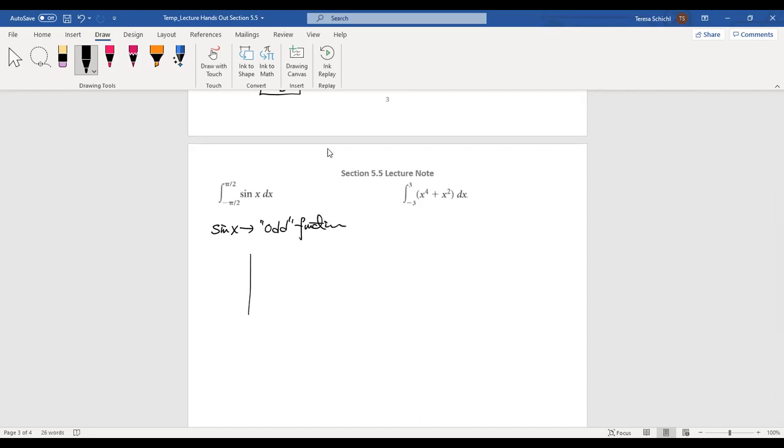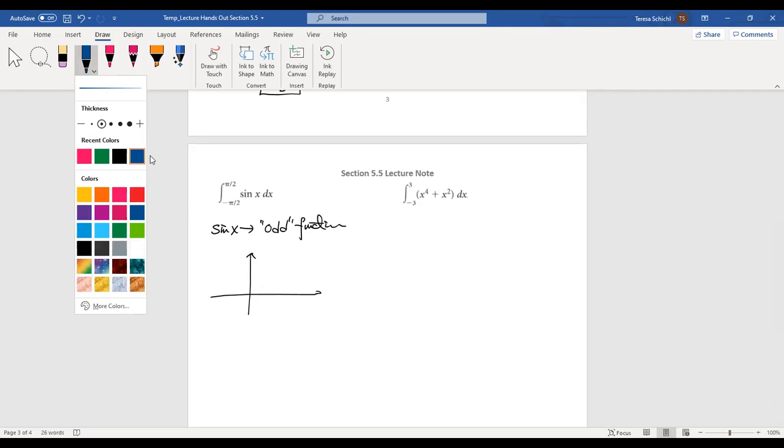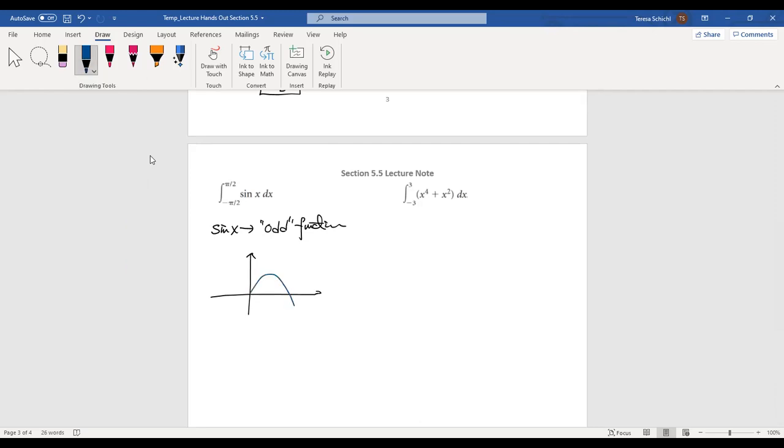So if you graph sine x here, it goes something like this and continues, right? Here this is pi over 2, this is pi, this is negative pi over 2. Because sine is an odd function, that means it's reflecting over the origin.